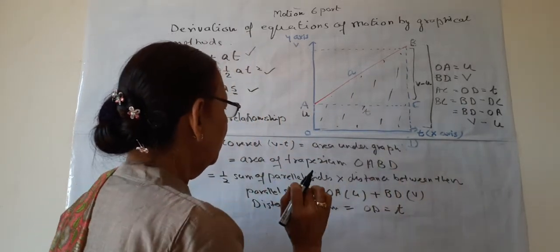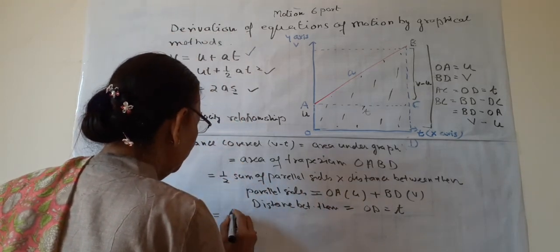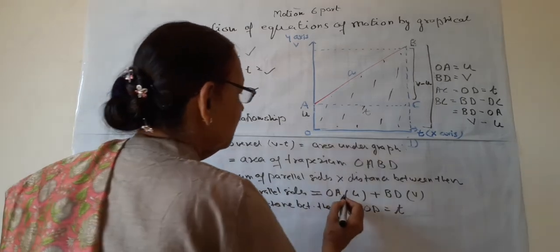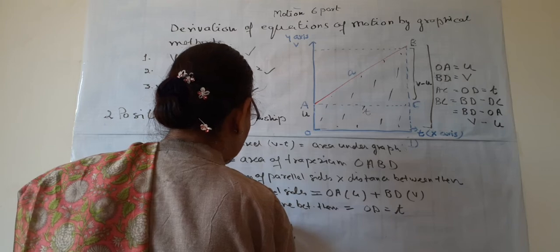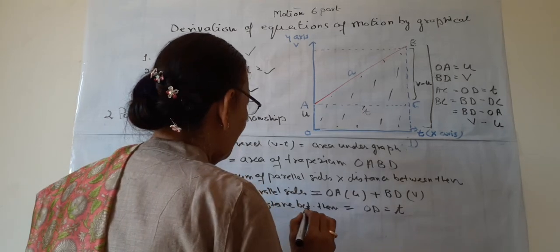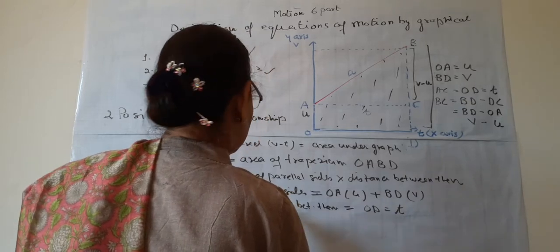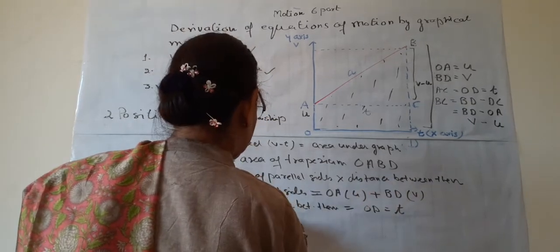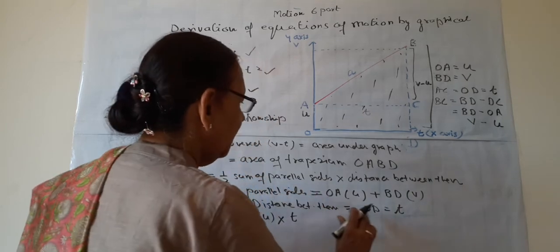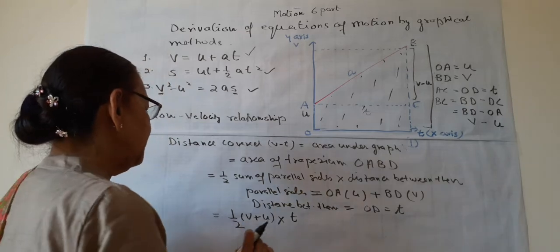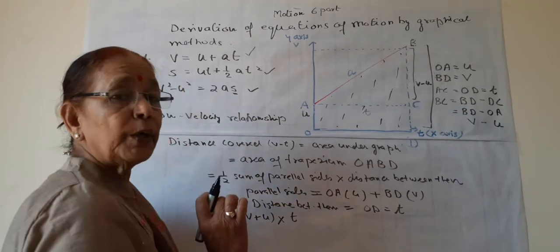So putting in these values, the area of the trapezium is half the sum of OA and BD, that is v plus u, into the distance between them, t. So now we get the equation s = half (v plus u) into t.